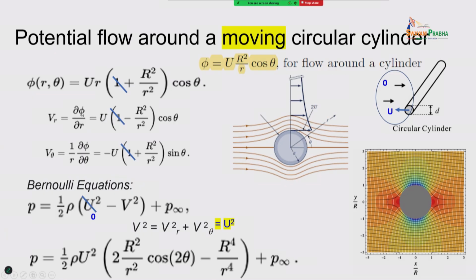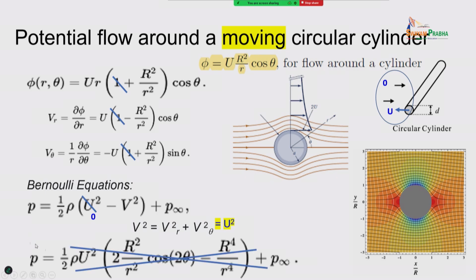You already say V_r equals U R squared over small r squared cosine theta, and V_theta is U times R squared divided by small r squared sine theta. And cosine theta squared plus sine theta squared gives just U squared, right?